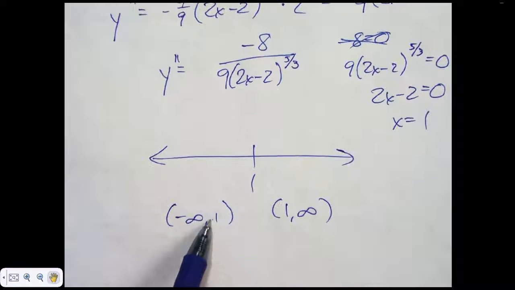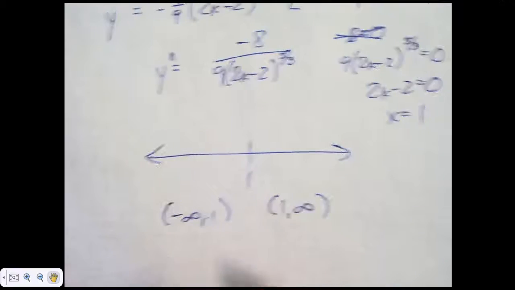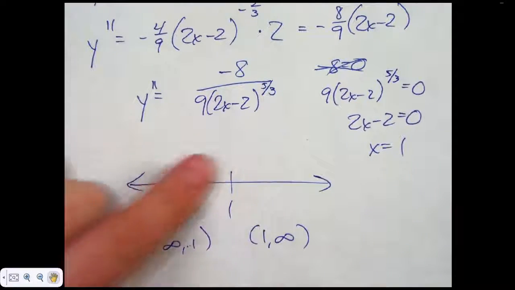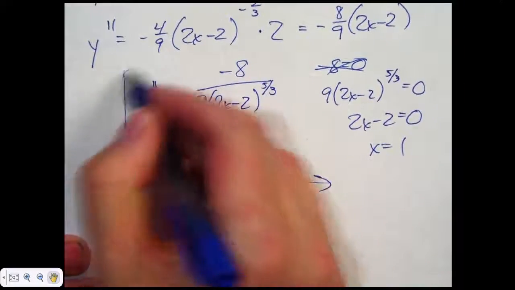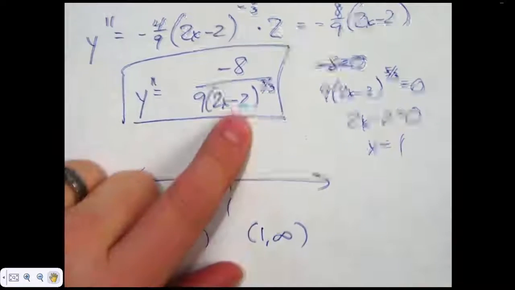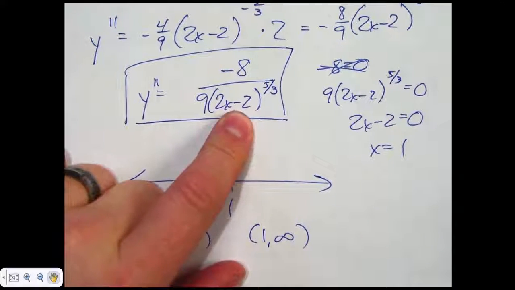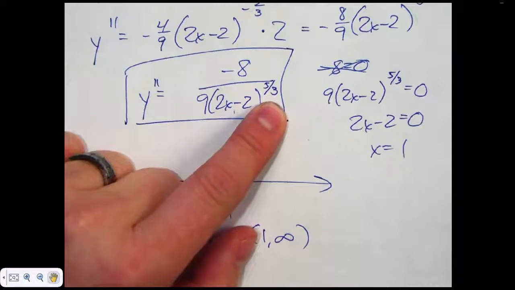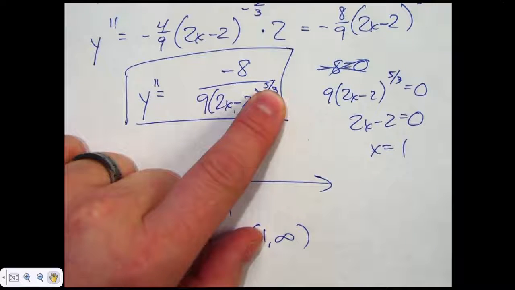So if I pick 0, think through the positive and negative aspects of this. I don't care what the number is. Let's plug 0 into this second derivative. 0 minus 2: positive or negative? Negative. Third rooted. If I'm doing something to the third power and I ended up negative, how did it start? It started negative. Now do that to the 5th power.